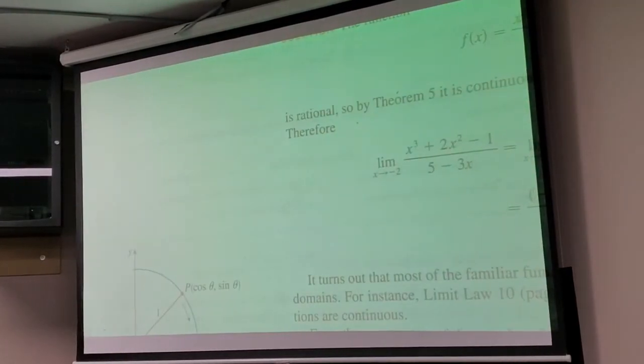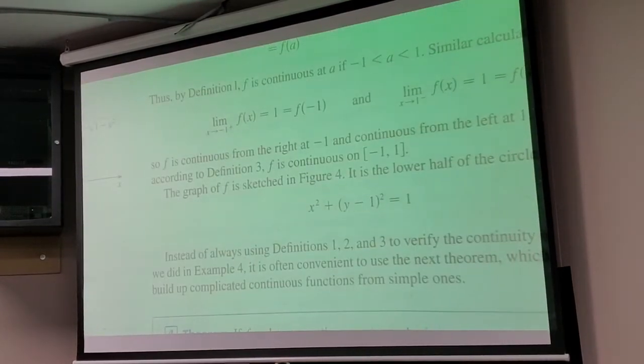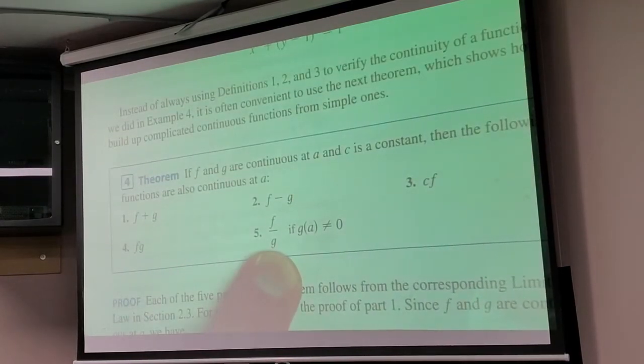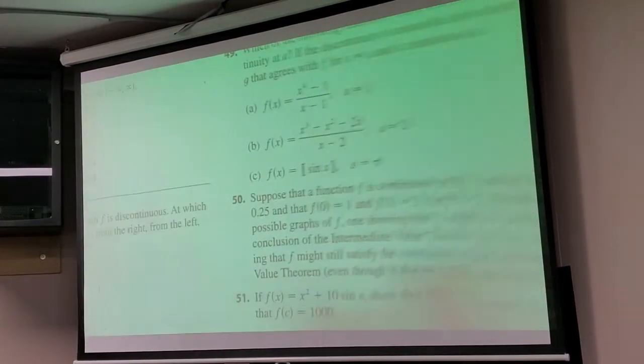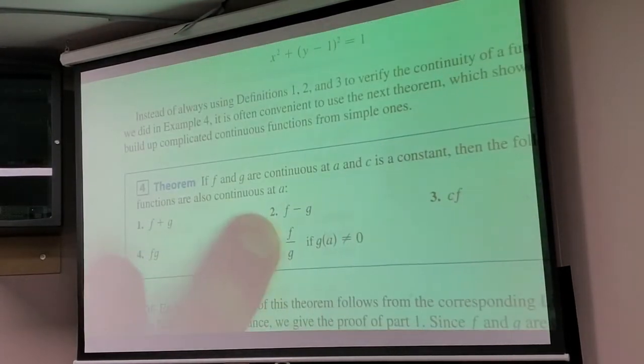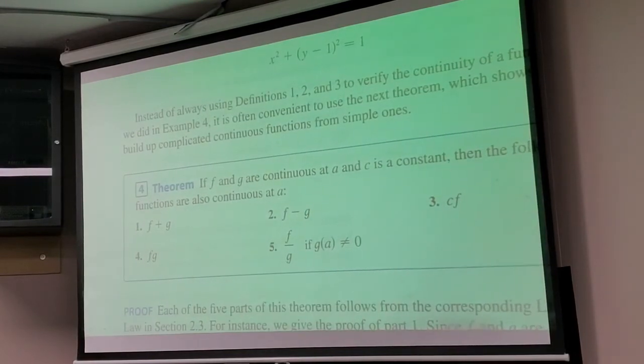Theorem 5. Here's theorem 4. Theorem 4 is the one about f over g, right? That's the one that kind of applies for us. So I've got a function on top, I got a function at the bottom, so as long as the bottom's not 0 somewhere, right?